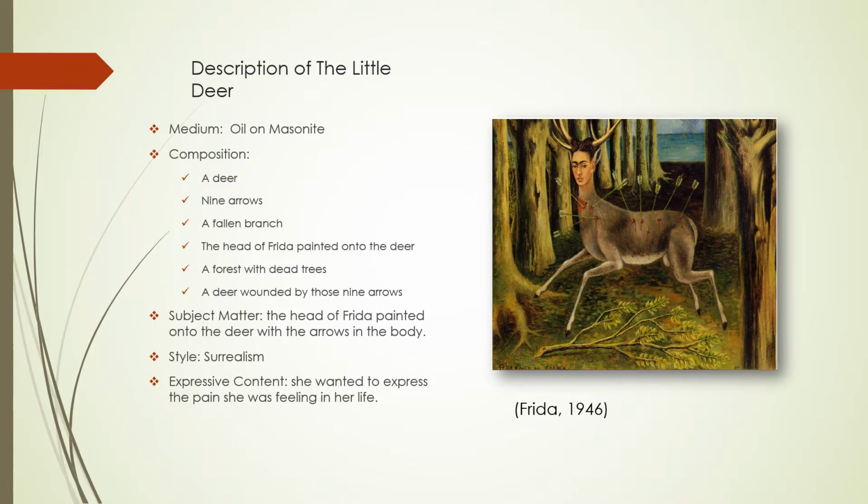Going to the subject matter of that painting, I can see that the thing which is shown there is the head of Frida painted onto the deer with the arrows.